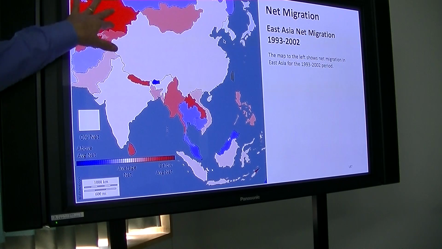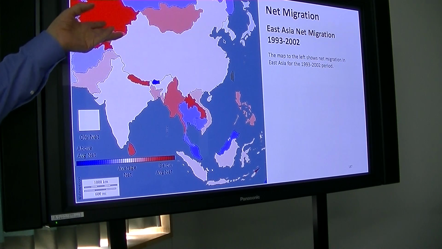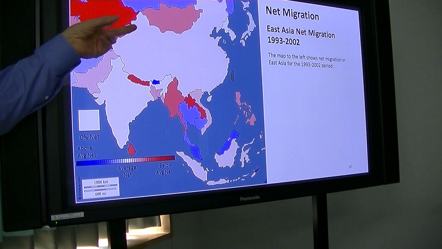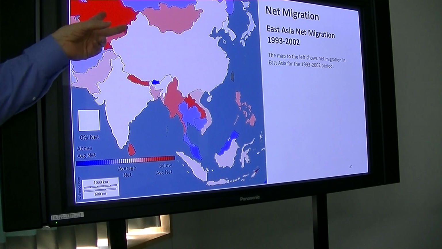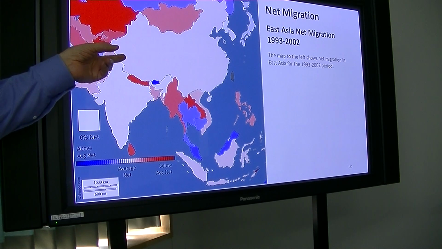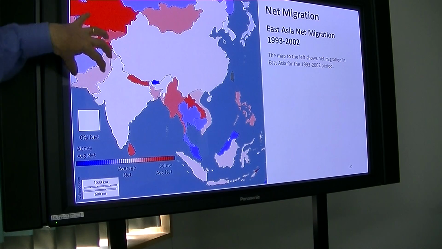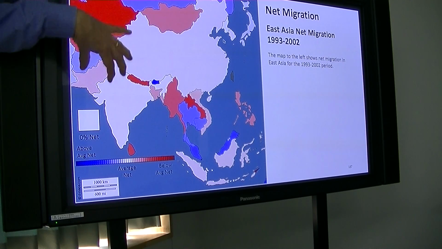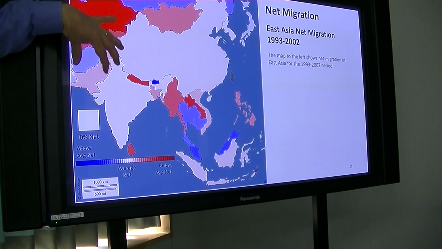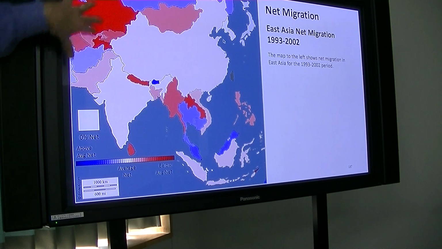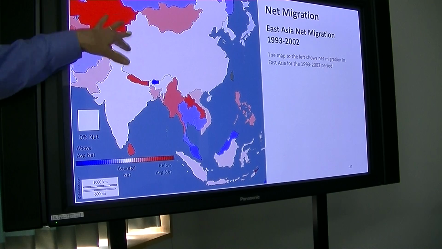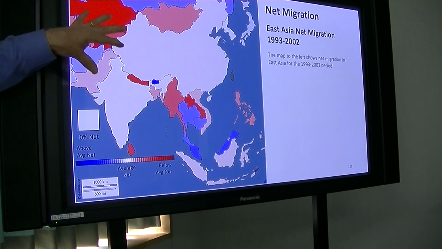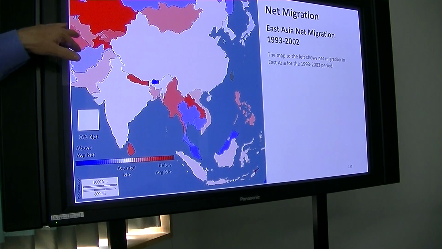This was the collapse of the Soviet Union. That's Kazakhstan. See that dark red, and this is Tajikistan. The dark red there, these were ethnic Russians going back. When the Soviet Union collapsed, this was all part of the Soviet Union prior to 1991. When it collapsed, all these became independent countries.